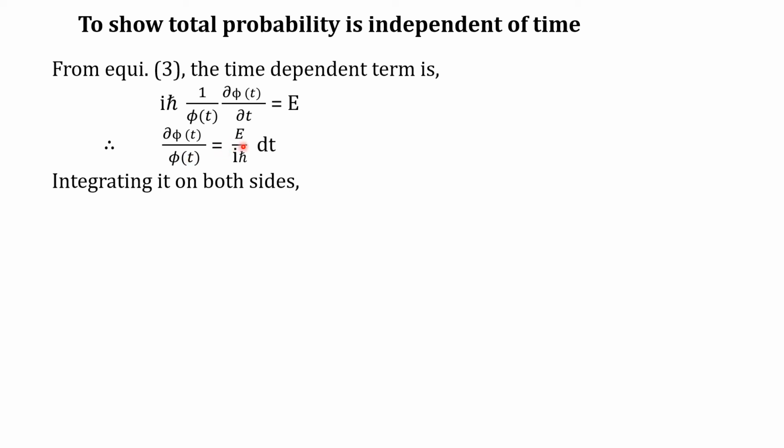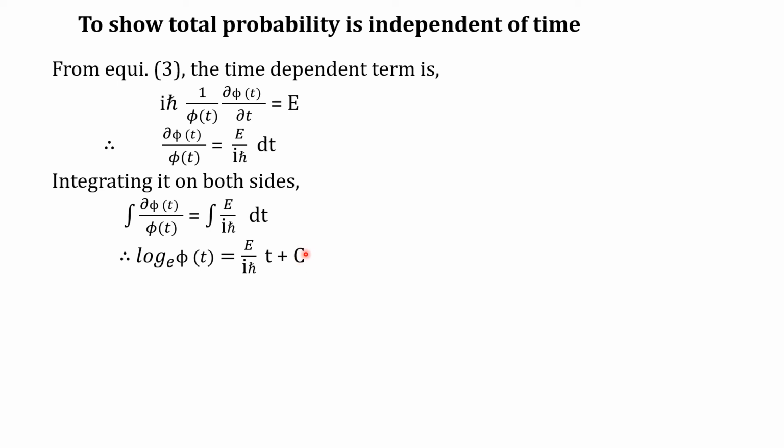The constant term E by i h cross we take outside of the integration, and integration of dt is t plus the constant of integration. The left side, 1 upon phi of t into d phi of t, is a log term, log to the base e of phi of t, equal to E by i h cross, taken outside since it is constant, integration with respect to t, therefore we write t plus the constant of integration c.